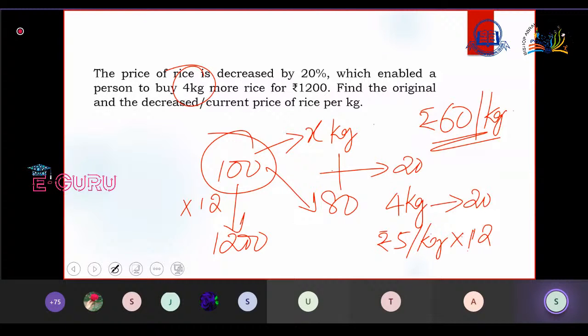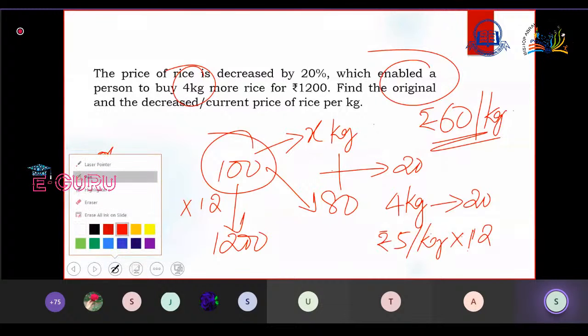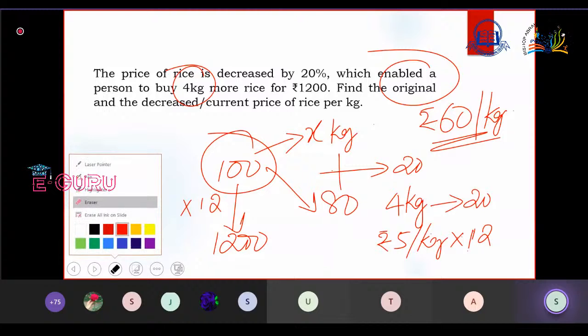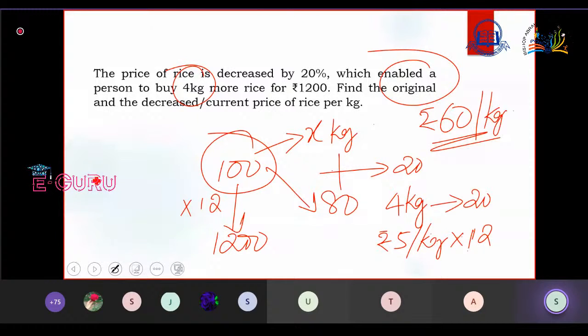One more question is there. It is again saying find the original price. Original price also we need to find out. We know that from the original price, when we give a 20% discount, we come to the current price, right? So the original price, whatever it may be, suppose it is X, we can say that X into 80 by 100, right?